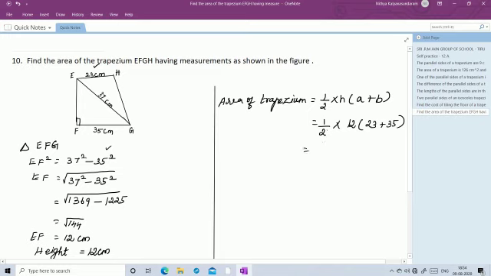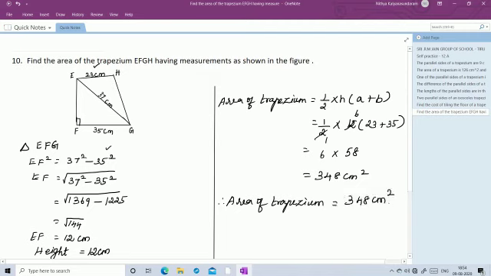So 23 plus 35 is 58. 6 twos are 12, so 6 into 58 is 348 centimeter square. Therefore, the area of the trapezium is equal to 348 centimeter square.